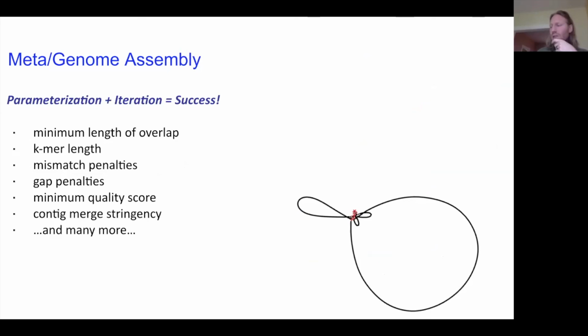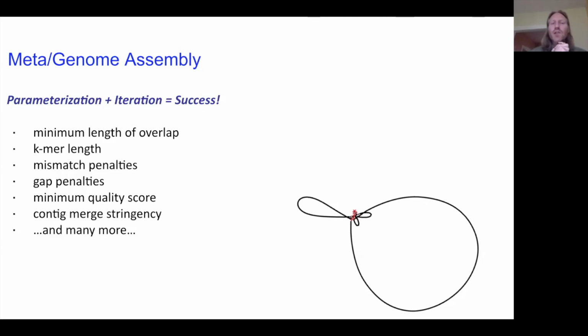So there's a lot of questions to be asked about how do I get the best assembly from my data, either a metagenome assembly or an isolate genome assembly. And sometimes it's by luck, and sometimes it's by looking at the literature and seeing what people have done in the past.